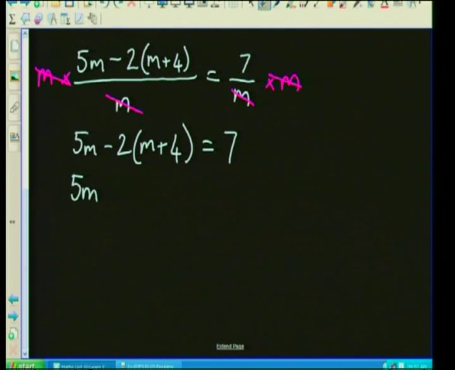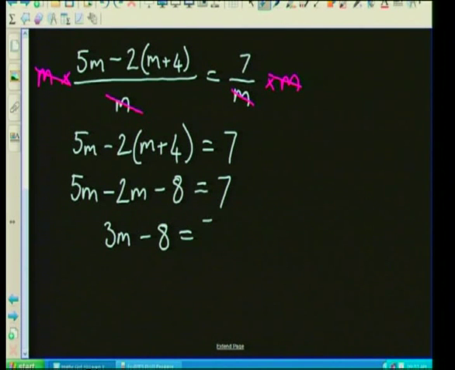Minus 2 times m gives us minus 2m, and minus 2 times 4 gives us minus 8 is equal to 7. Okay, now that we've multiplied out the brackets, let's simplify both sides by adding the like terms. 5m minus 2m gives us 3m minus 8, and the 8 didn't change because it didn't have any like terms on the left-hand side.